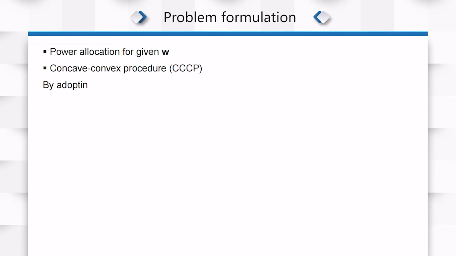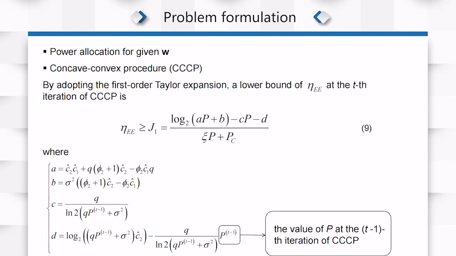First, for the power allocation problem, we can use the concave-convex procedure to solve the problem. By adopting the first-order Taylor expansion, a lower bound of η_EE at the tth iteration of CCCP is as follows. Then the power allocation problem can be formulated as equation 10.